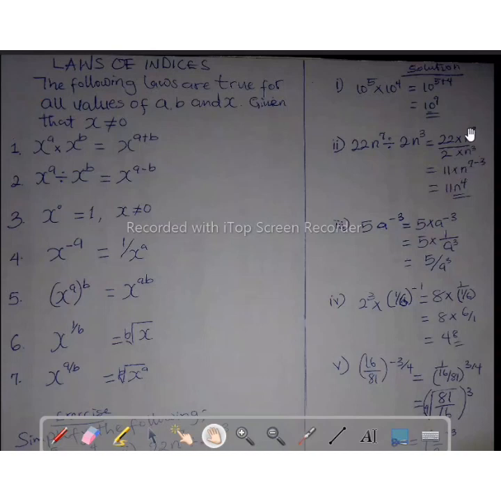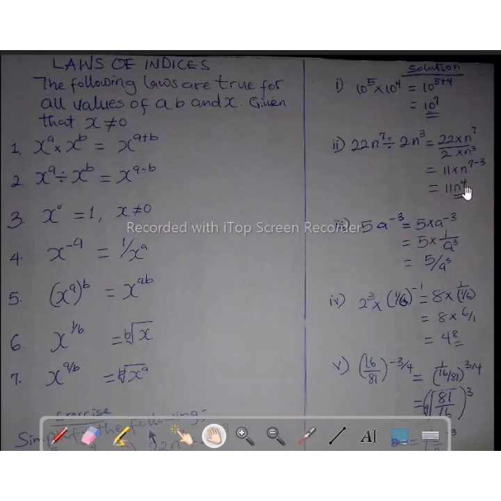So we pick 7 because 7 comes first, and then subtract 3 from it. So we have 11 multiplied by n raised to power 7 minus 3, and 7 minus 3 is 4. So that's 11 times n raised to power 4, which is the same thing as 11n raised to power 4.